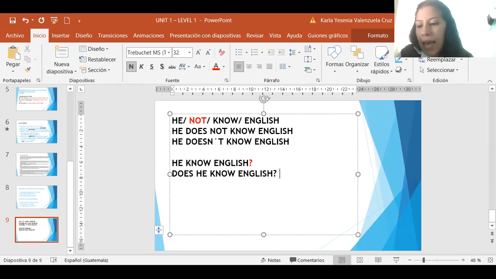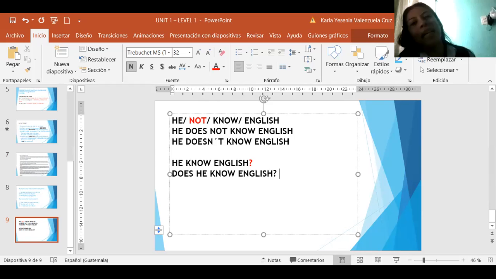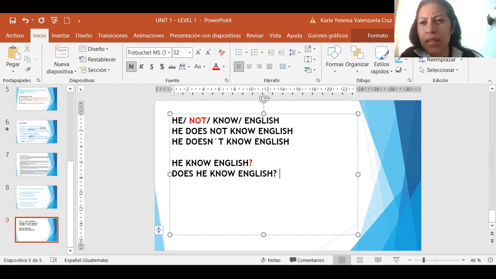A ver, esta es una pregunta que empieza con mi verbo auxiliar. Entonces, ¿será que es una respuesta corta? ¿Una respuesta larga? ¿Cómo respondo acá? How is going to be my answer? It needs to be short or needs to be long? What is the correct way? If I'm using an auxiliary verb at the beginning, how do you know if it is short or long answer?